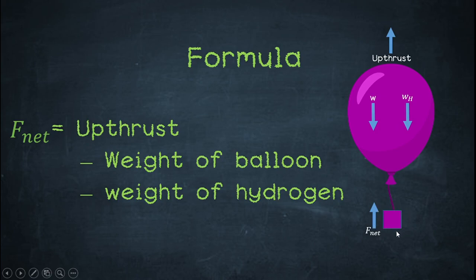And there is an object which it has to lift, and basically the net force will be equal to the weight that it can lift in the upward direction. So our task is to determine the value of upthrust and substitute the values here in this formula along with the weight of hydrogen and weight of balloon.